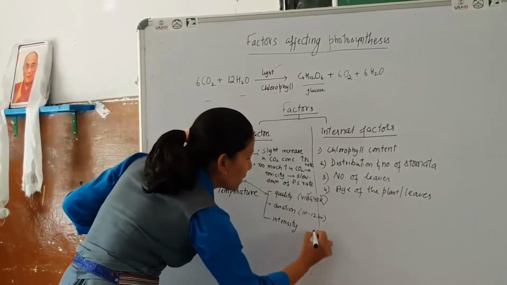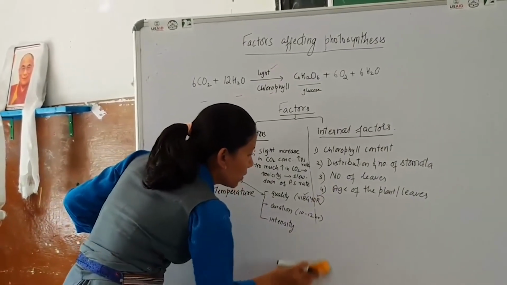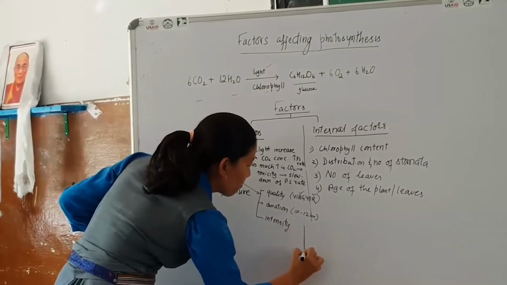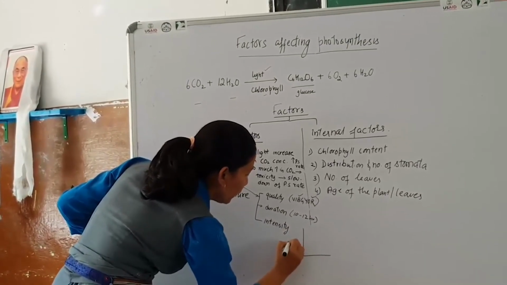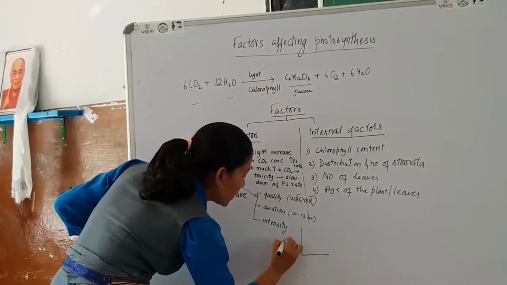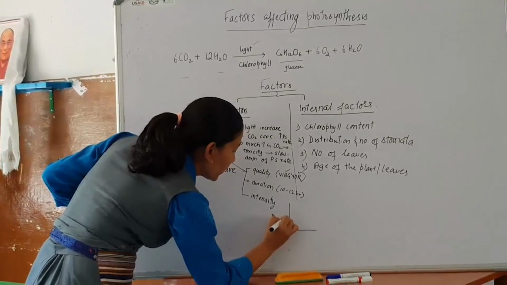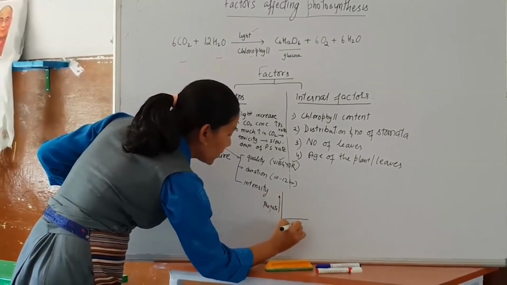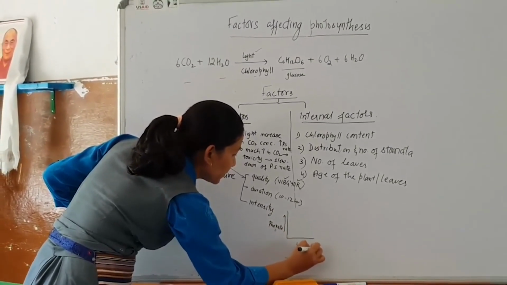For example, here you can see in this graph, photosynthesis rate here, and this is light intensity.